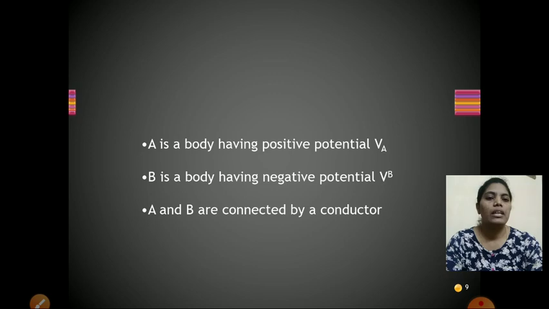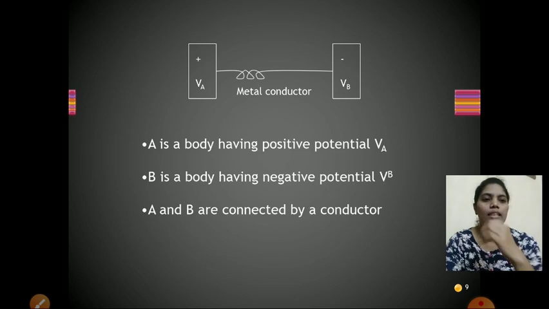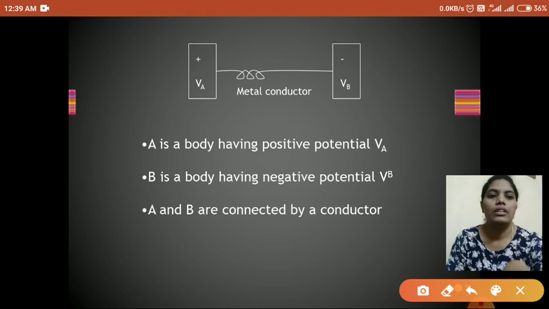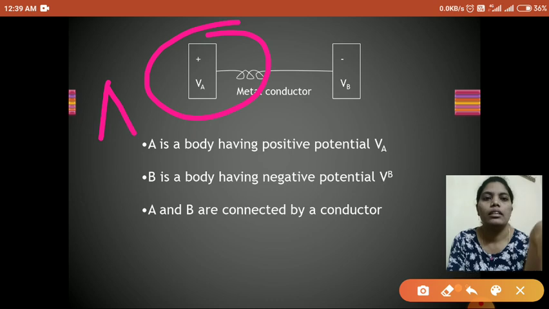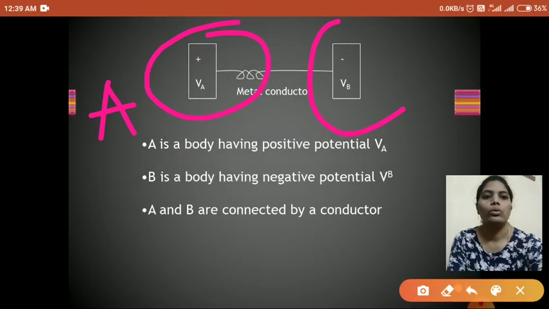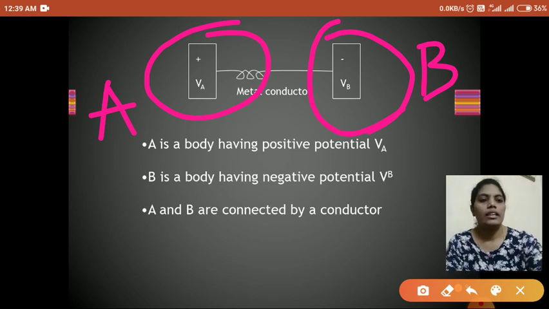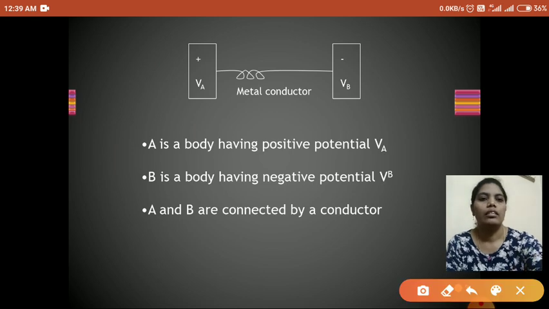Now these A and B bodies are connected by a conductor. You can see in the picture we are connecting. Let me show you. This is the body A and this is the body B. Now these two bodies are connected with a conductor.